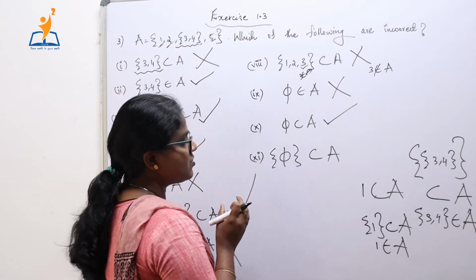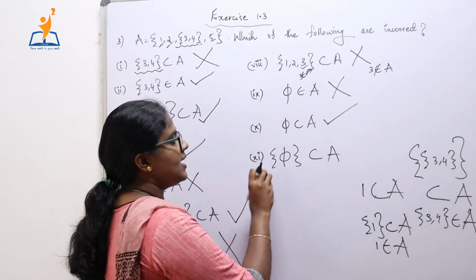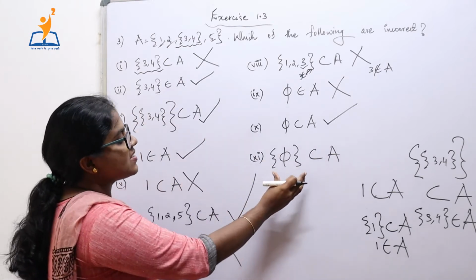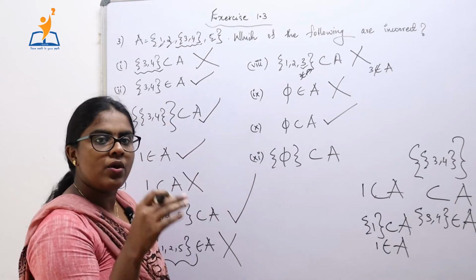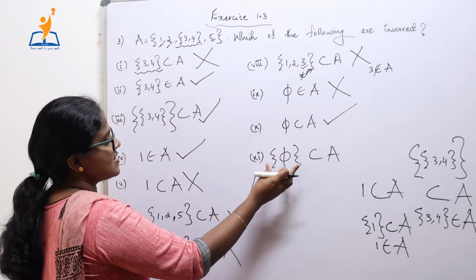Now set 5, which means a set which contains the element 5, is a subset of A. Check whether a set with an element 5 is present in A or not. Here we do not have such an element, that is set 5.